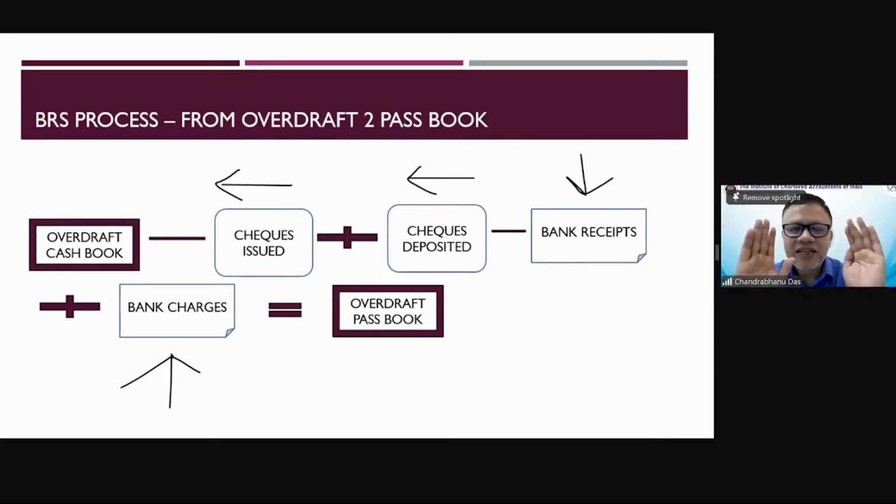See, whenever you reach the final balance from one balance, suppose your favorable balance is positive, okay, that I'll discuss also. If after doing BRS you get a negative balance, then your balance is unfavorable. Suppose the balance is minus, and after doing all this you reach plus, then it is a favorable balance.